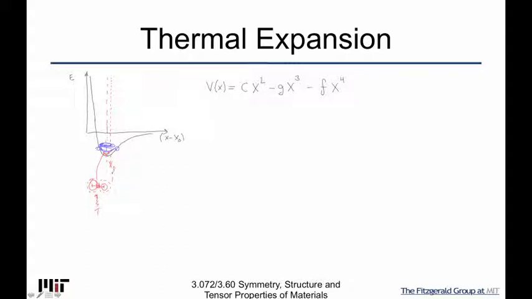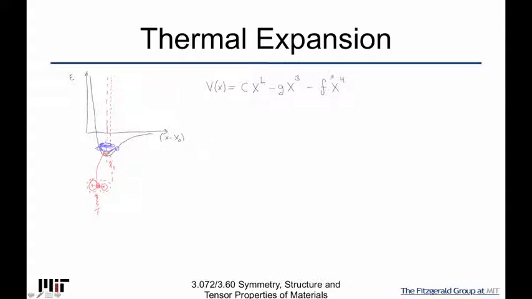Finally, I need a term to represent this eventual, very large flattening. For very, very large x, I want this thing to have some very slow function out here that's really flattening out.